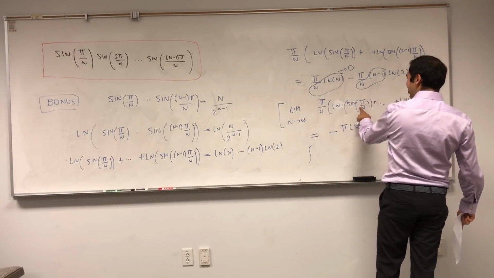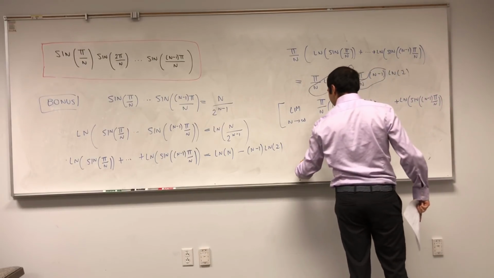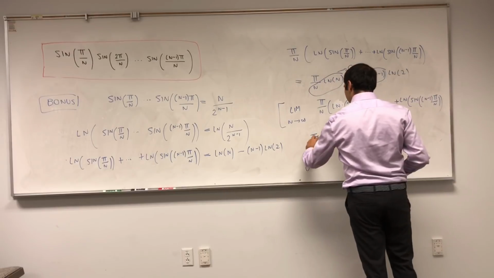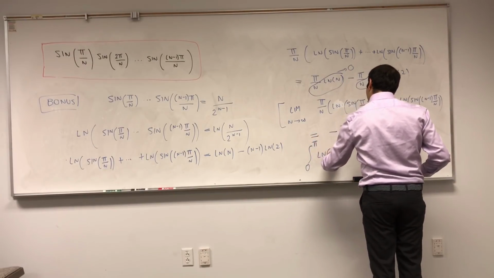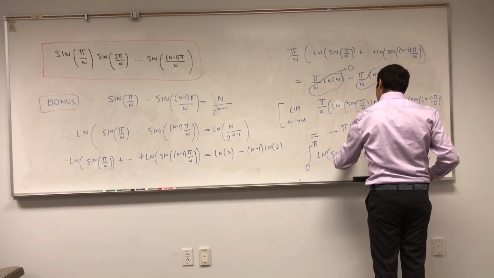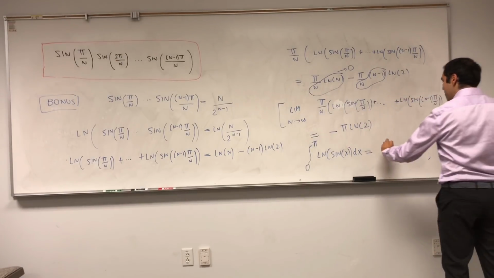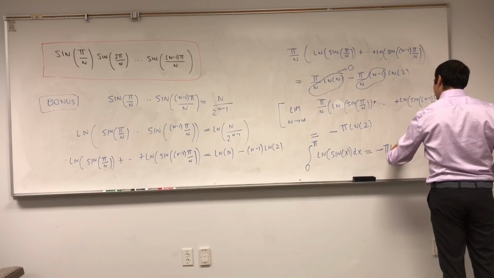So the integral from the first point, which is 0, to the last point, which is pi, of ln of sine of x dx, we've just shown to be minus pi ln of 2.